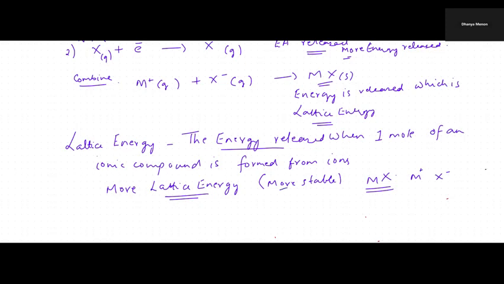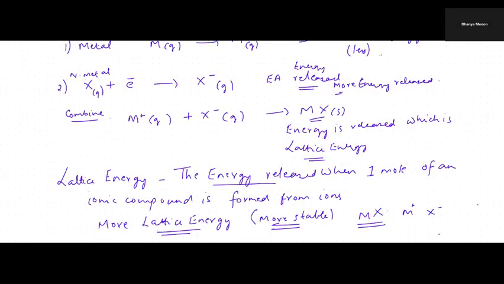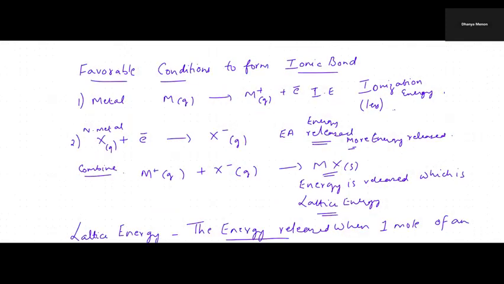Okay, so students, we just discussed the favorable conditions for ionic bond, that is, what all the energies involved are. We first said that when the metal is losing an electron, some energy has to be provided. That is called the ionization energy.